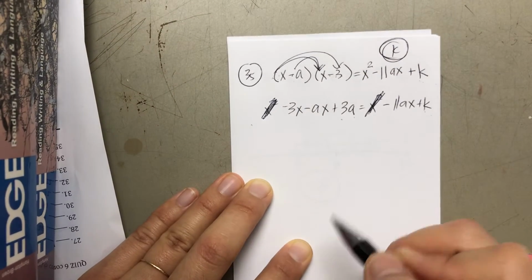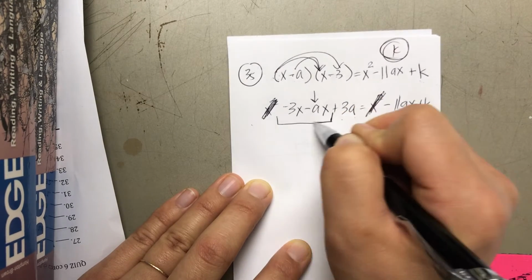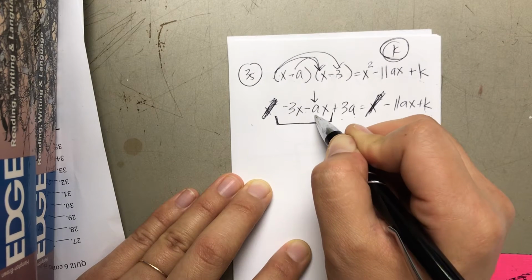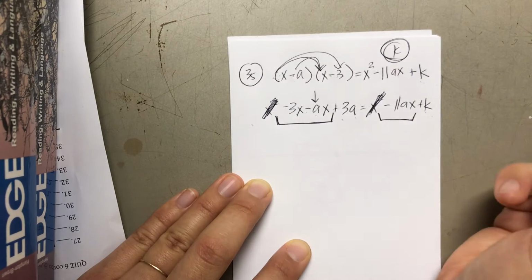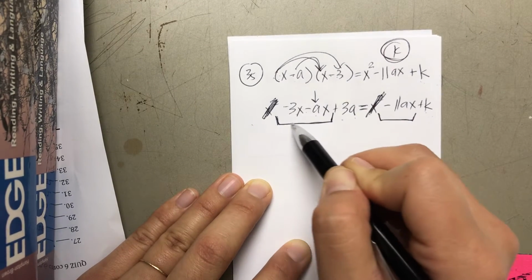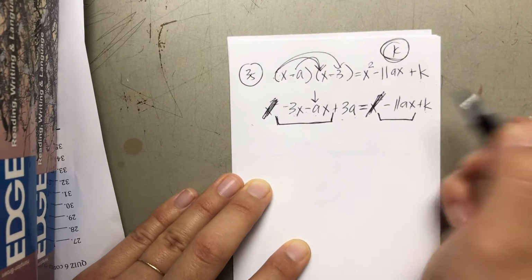We don't know what this number a is, but we know that added together here, negative 3x minus ax would equal negative 11x, because it says equal sign right here. Basically anything with x's would equal this number, but there's this a that we don't know.